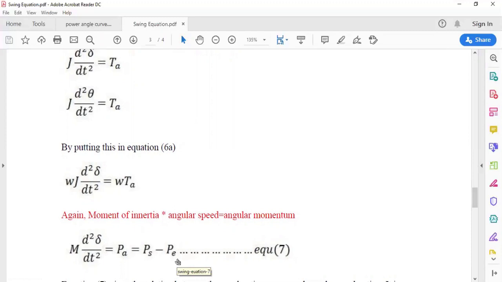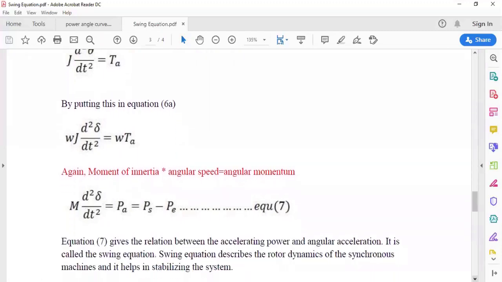Now this will give you the relation between angular acceleration and the accelerating power. So the equation which gives the relation between angular acceleration and accelerating power Pa is the swing equation. Actually, this is used to find the variation of delta with respect to time. And this equation is used to study the dynamics of the synchronous machine.